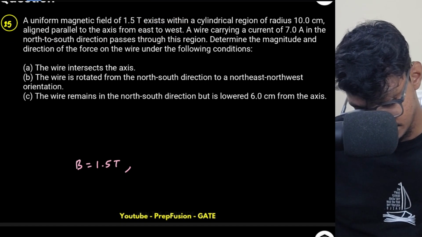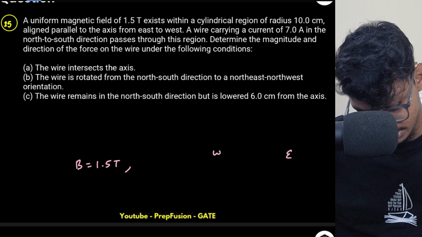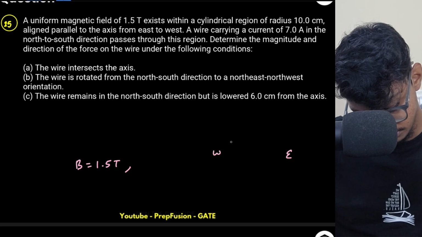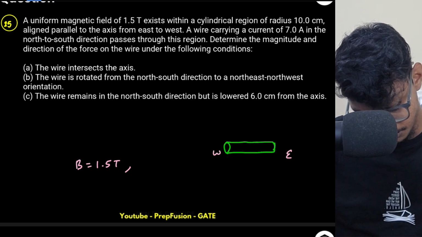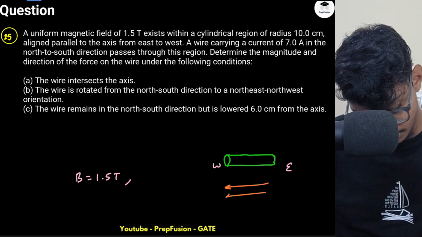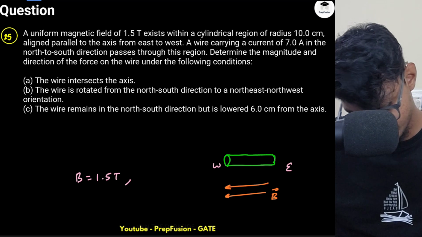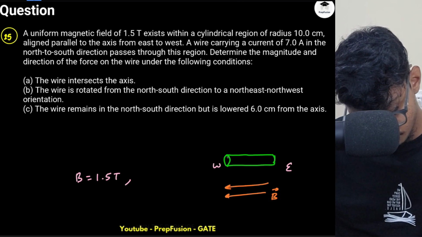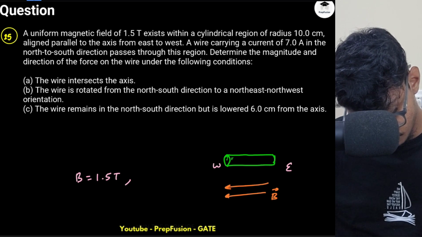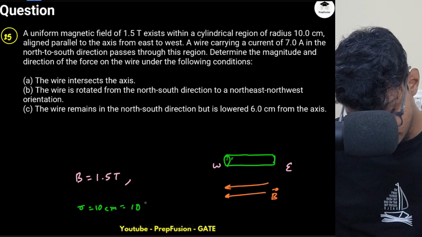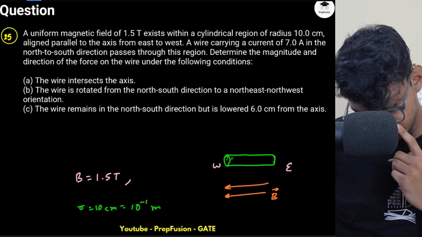So east is here and west is here, and the axis of the cylinder is something like this. The magnetic field is from east to west, 1.5 Tesla, and the radius R of the cylinder is 10 centimeter, or 10 raised to power minus 1 meter.